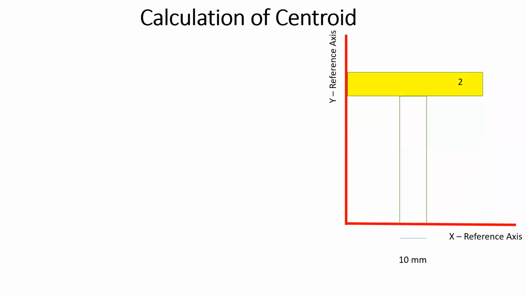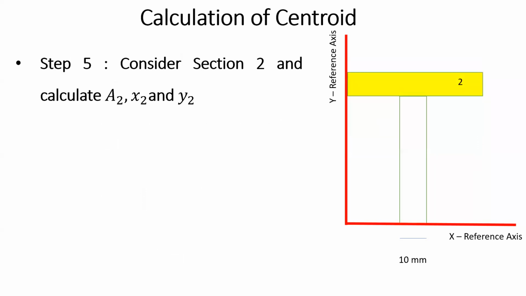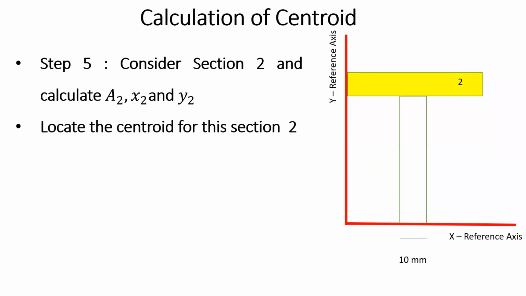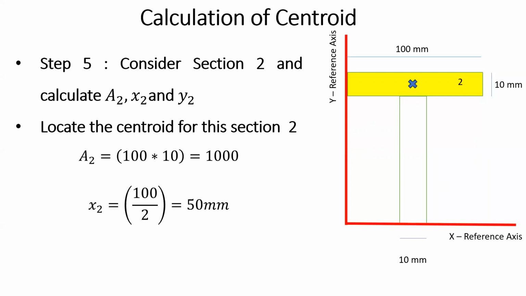Similarly, we will take section 2 and find out A2, X2 and Y2. The centroid will lie as indicated by the blue X mark, and the area of the second cross section will be 100 mm into 10 mm, which is 1000. The X2 bar will be the distance of the centroid of section 2 from our reference y-axis, which is again 100 by 2, 50 mm.